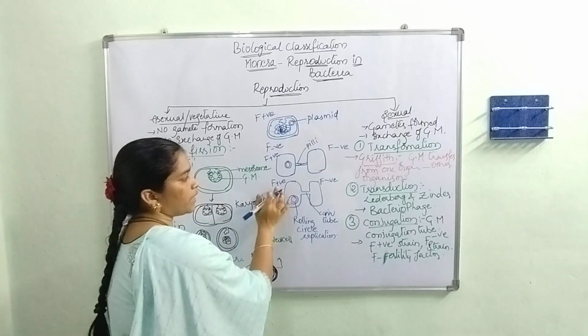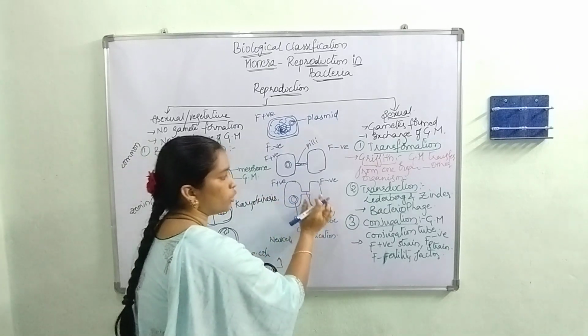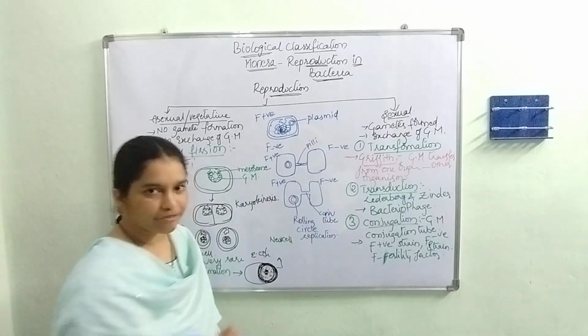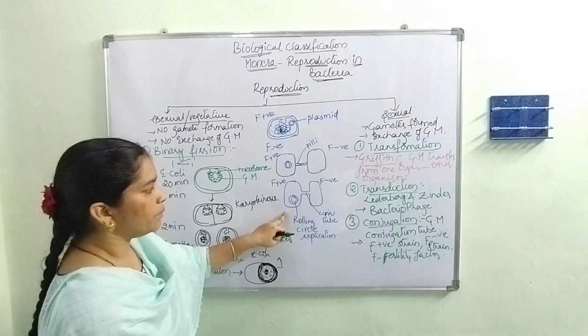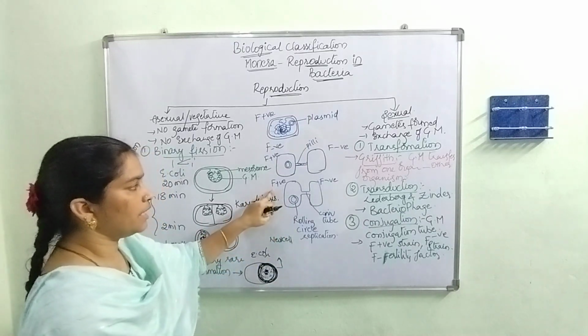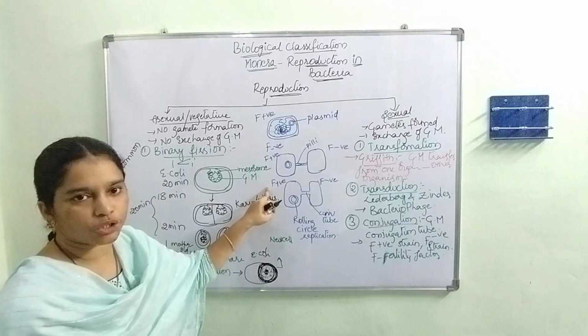If the F positive one donated the whole plasmid to the F negative one, there would be no plasmid remaining in the F positive one.